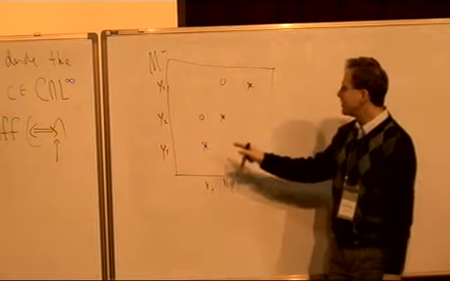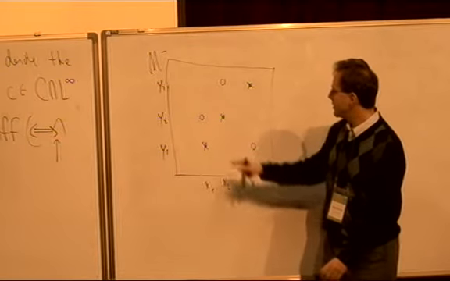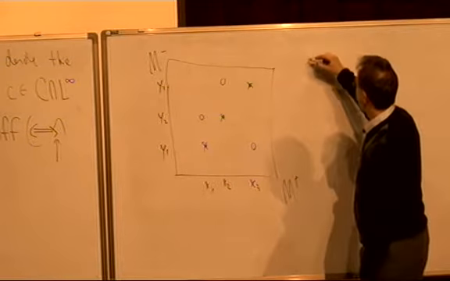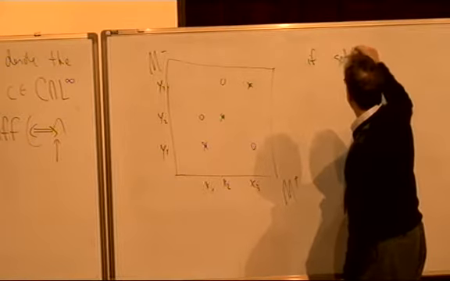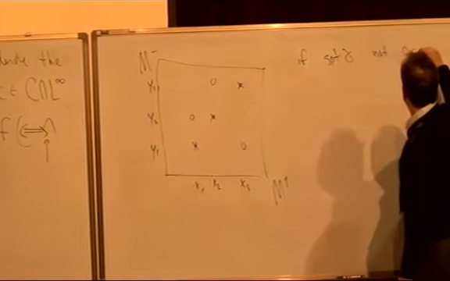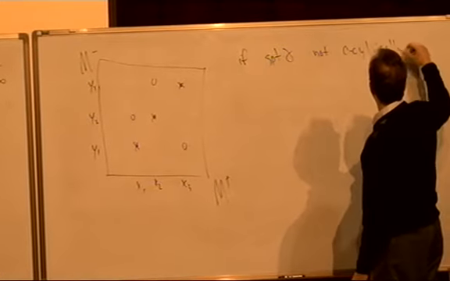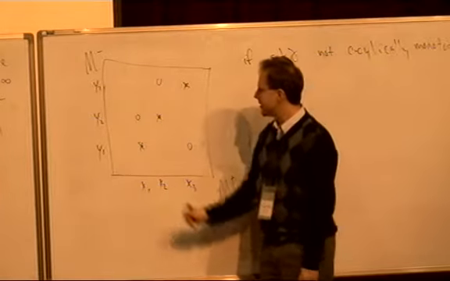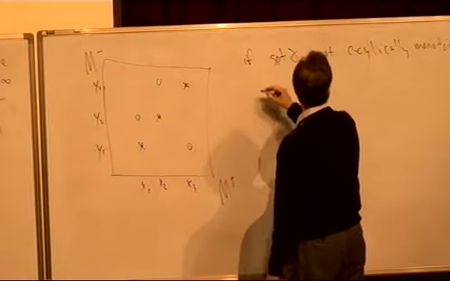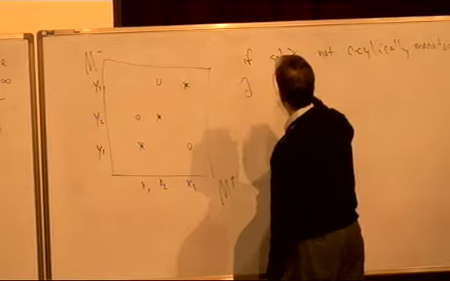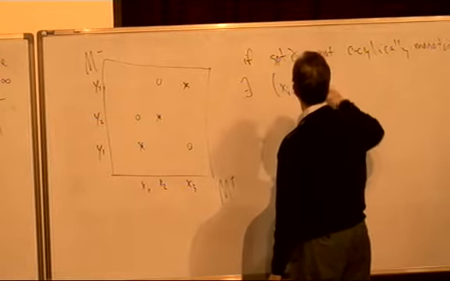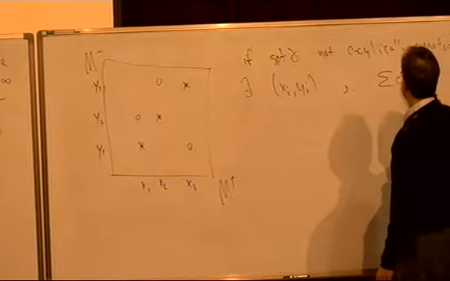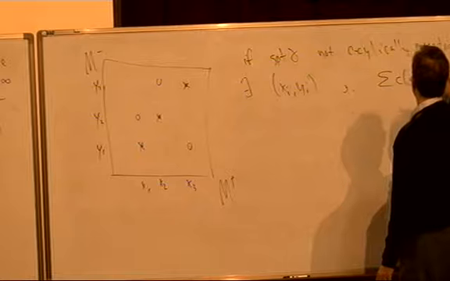So C-cyclical monotonicity would say that the sum of the costs of the x's is less than the sum of the costs of the arrows. And if the support of gamma is not C-cyclically monotone, that would imply I can find some sequence like this such that there exists xi, yi, and sigma such that the sum of the costs of the xi, yi is actually bigger.